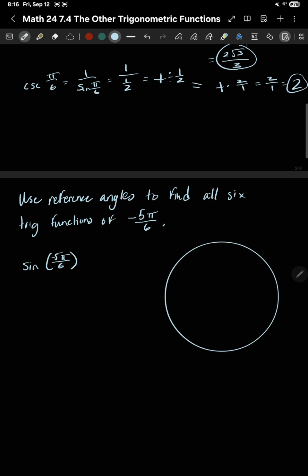All right, and so remember that if we're going counterclockwise, our angles are positive, but if we go clockwise, our angles are negative. So since it's negative 5 pi over 6, we're going to start at 0 and we're going to go negative.